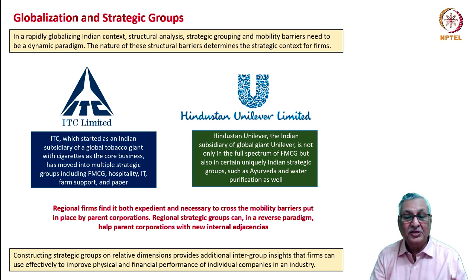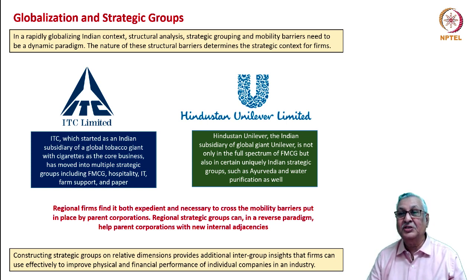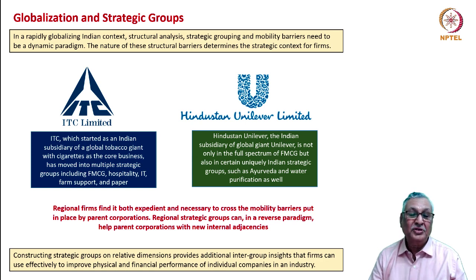So constructing strategic groups on relative dimensions, several of those have been discussed here, both from intrinsic as well as from external, both structurally derived and strategically driven. They provide us with additional intergroup insights that firms can use effectively, and that usage will improve the physical and financial performance of individual companies in an industry.